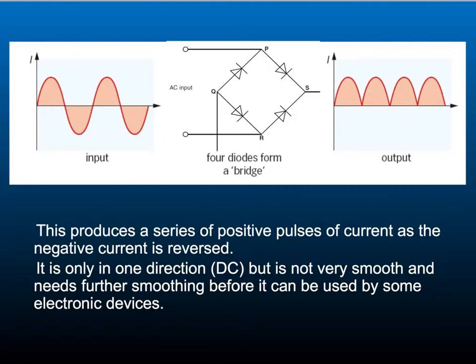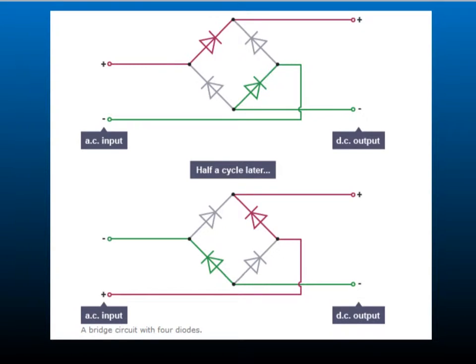So it does need further smoothing before it can be used by some electronic devices. The bridge circuit turns our AC current here all into positive, so it flips all the negative regions into positive directions. The bridge circuit ensures current is only allowed through in one direction.